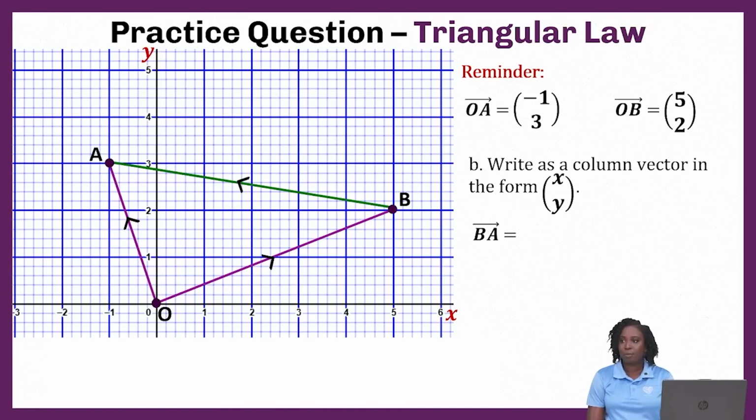Now the reminder from our previous answers is on the top of the screen, and this is going to help us to find BA. So when we look at what we have here, we have OB plus BA, or OA. So O is our origin.